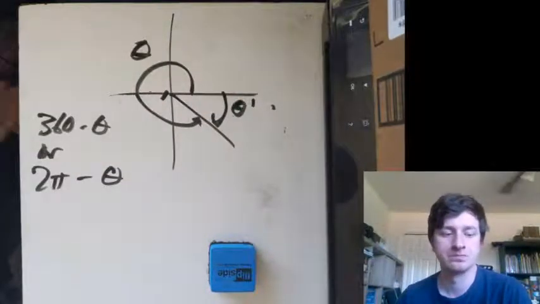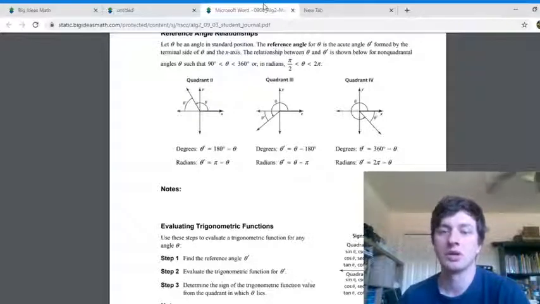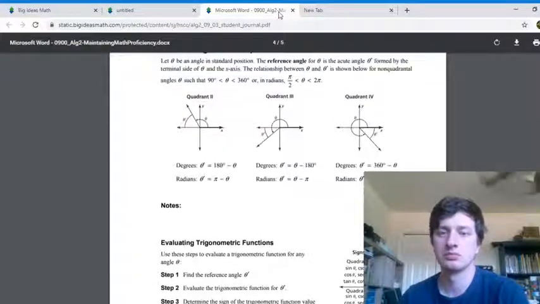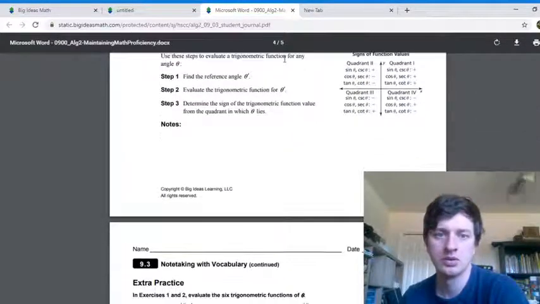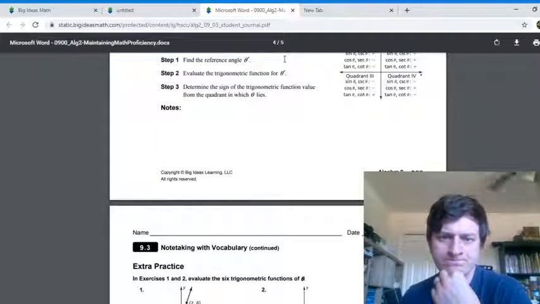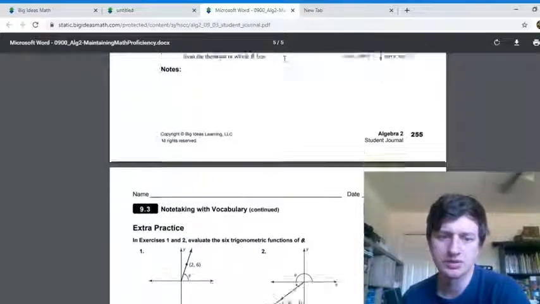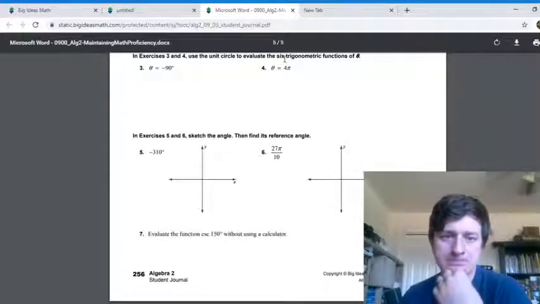Okay. So here in the student journal, we have all the same diagrams with formulas. It talks about what the reference angle is.